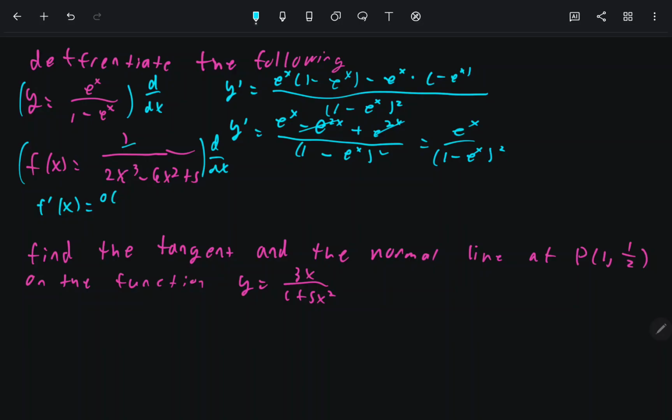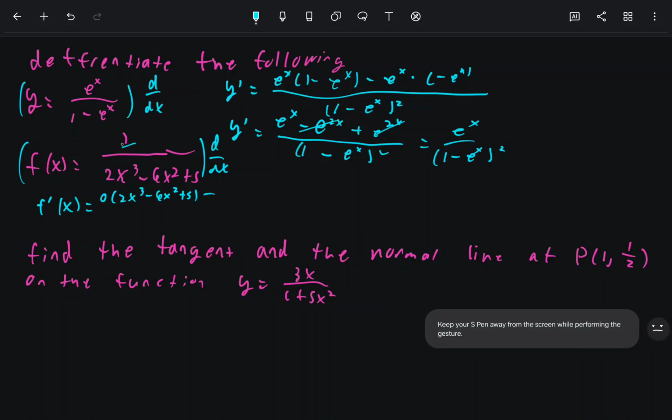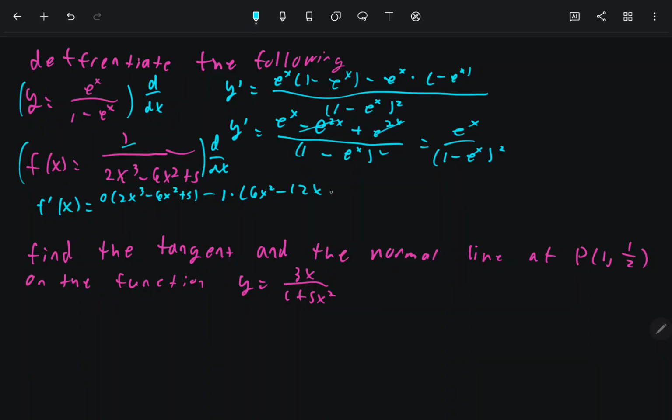So it's going to be 0 times 2x cubed minus 6x squared plus 5, minus the top times the derivative of the bottom, which is going to be 6x squared minus 12x, and don't worry about the constant, all over 2x cubed minus 6x squared plus 5.